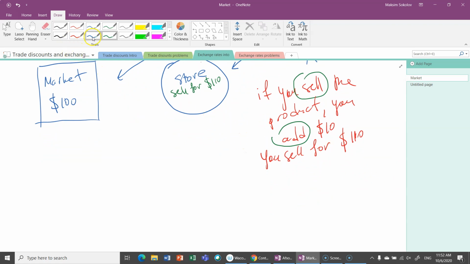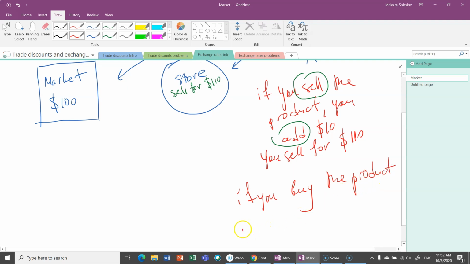But in your store, you not only sell that product, you can also buy this product from your consumers. So if you buy the product, you subtract commission, $10. If you want to make $10 commission, you subtract it.